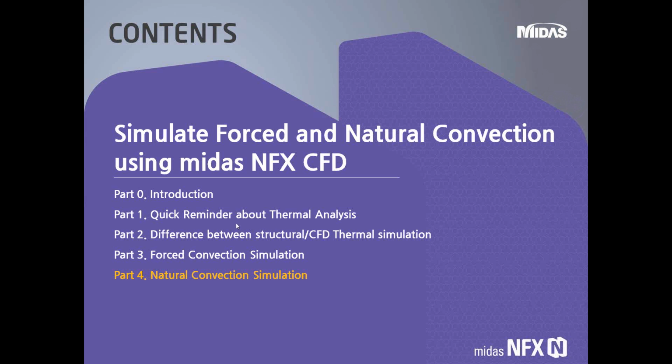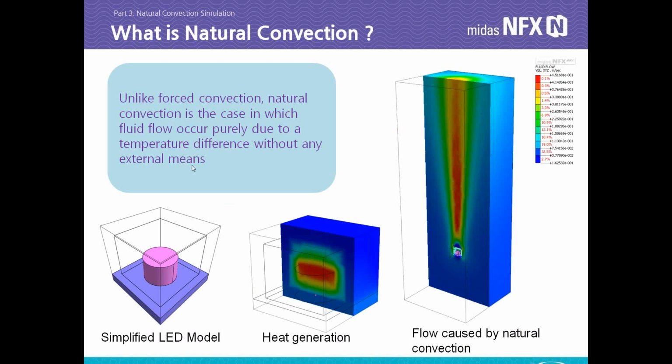Now about the second part, the natural convection simulation. Natural convection is a bit different from the forced convection, because I'm not forcing the temperature to go out of my model, but this is the natural process.